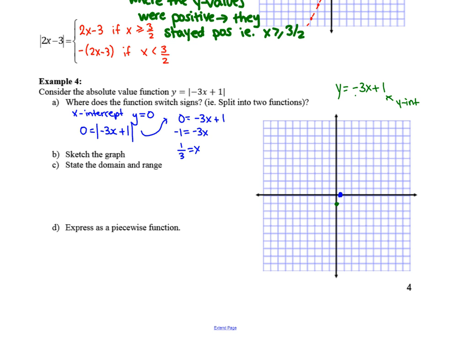Negative 3 over 1. So we're going to go down 3, right 1. Down 3, right 1. Do you remember that unit? You also did it in grade 9. I'm not sure if it's in grade 8. Is it in grade 8?